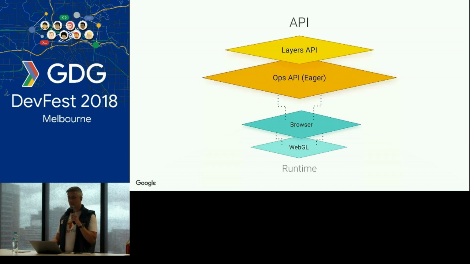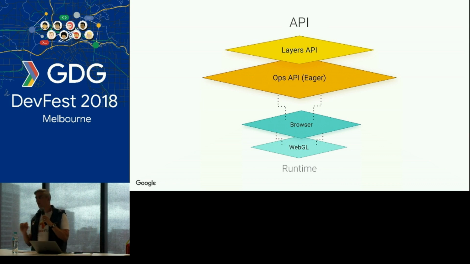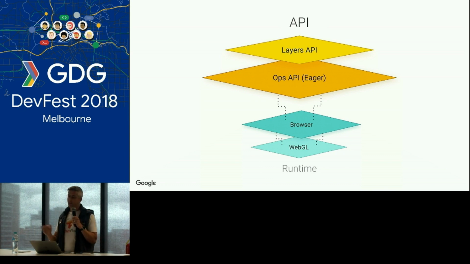On top of that, we provide two layers. We've got the ops API. This is all low-level mathematical operations like add, multiply, and subtract. We also bring a bunch of pre-canned learning algorithms like stochastic gradient descent and Adam. This is a fairly low-level API.